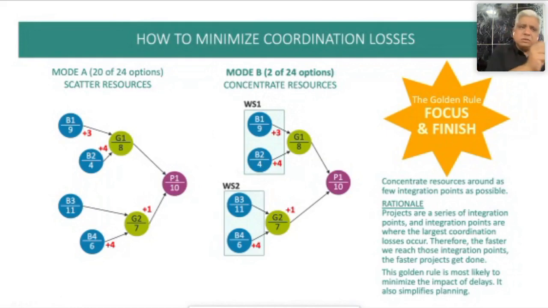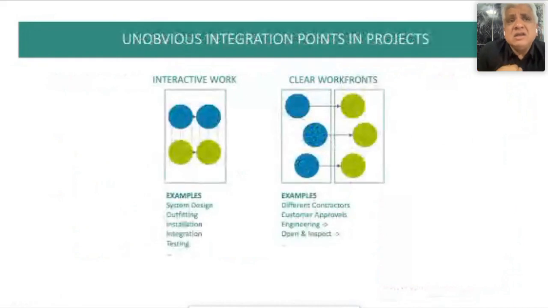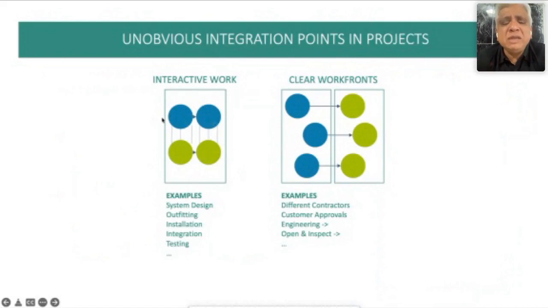You can think of the project network as just that structure of integration points. But there is what the question might be referring to. There are other links in the project. At least these are the two different categories I have identified, what I call unobvious integration points in projects. One is interactive work. What I mean by that is, let's say that you are doing system design.